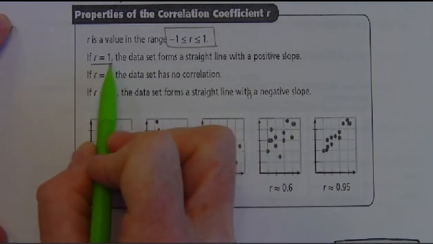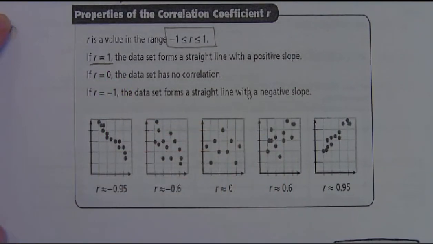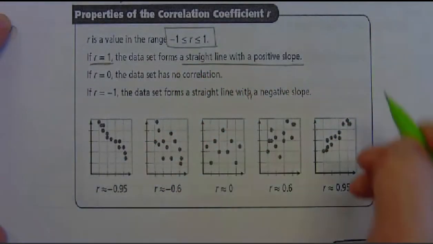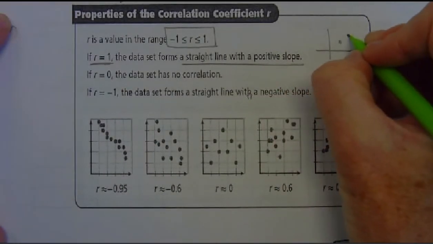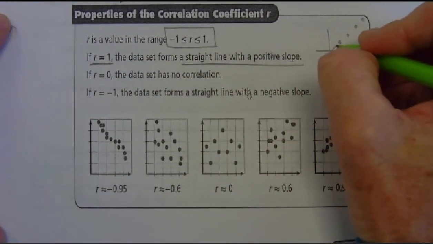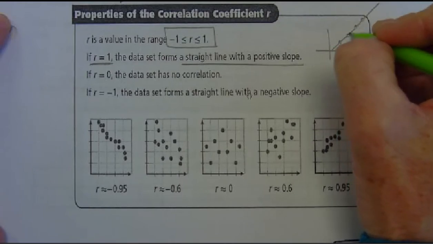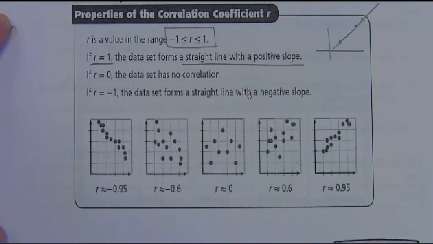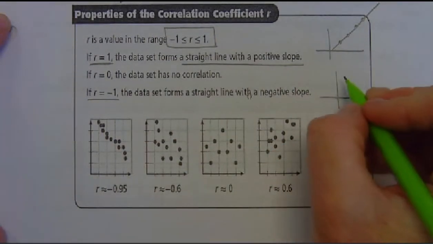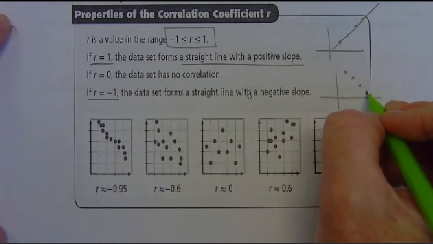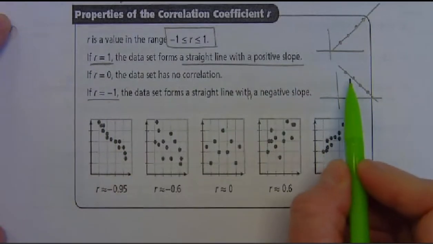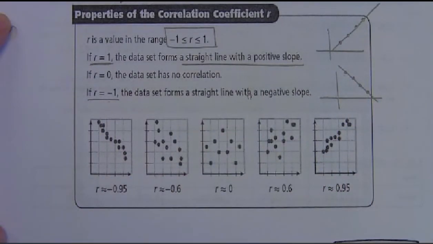If it is exactly positive 1, that means all of the points form a straight line with a positive slope, so all of the points land exactly on your line of best fit. If R is -1, then all of the points are directly on that line, but that line has a negative slope. If it's exactly -1, every point lies on that line of best fit.